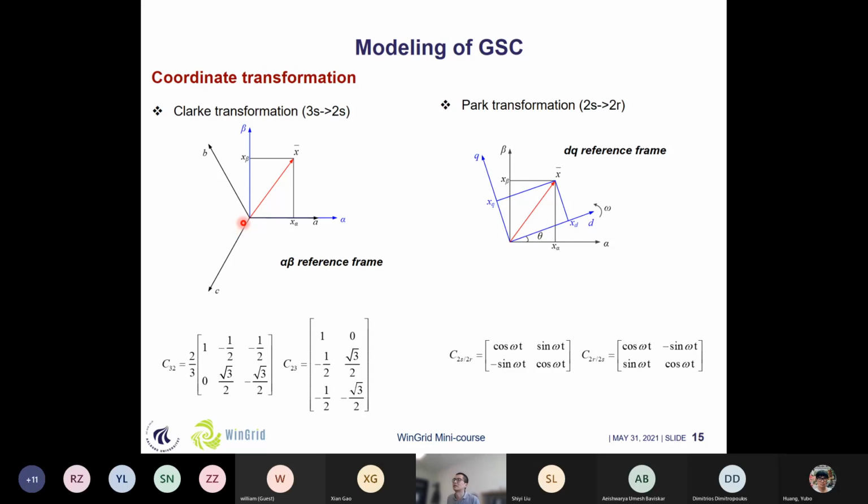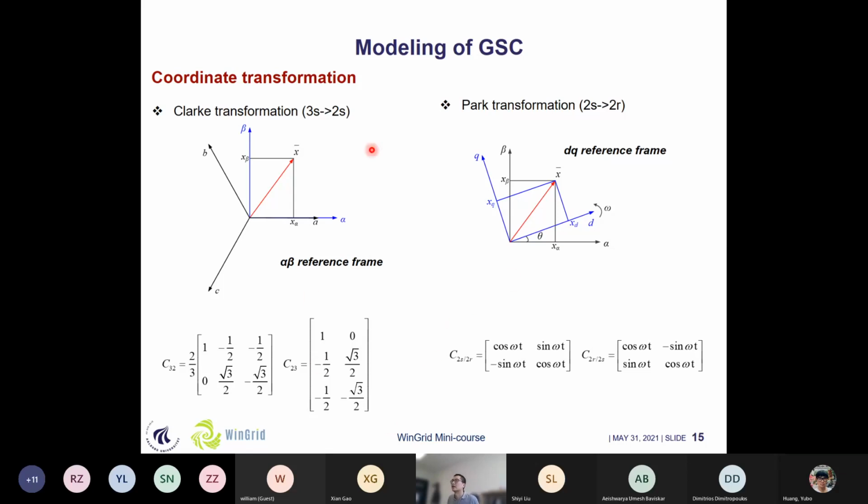That means we can simply map the ABC values under the ABC frame into alpha and beta by projecting these values, and then we can reduce the functions this way. And if we want to go the way back, that means changing from alpha-beta back to ABC, then we need to use this matrix to do the transformation.